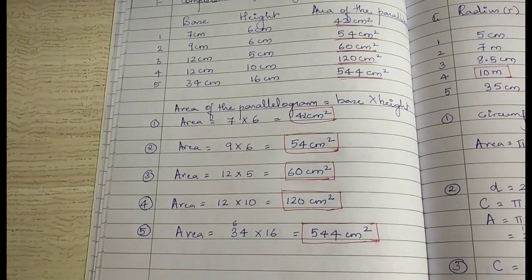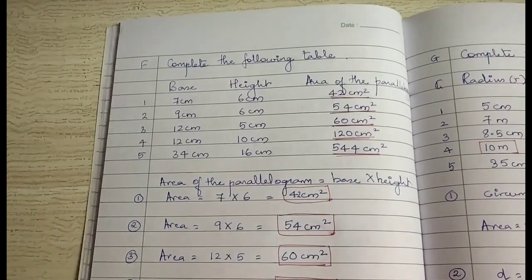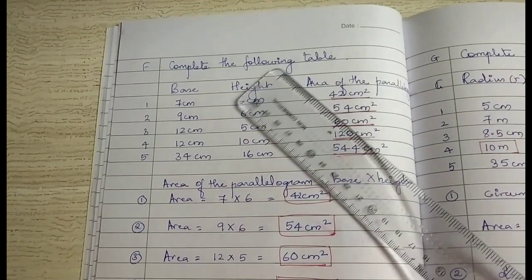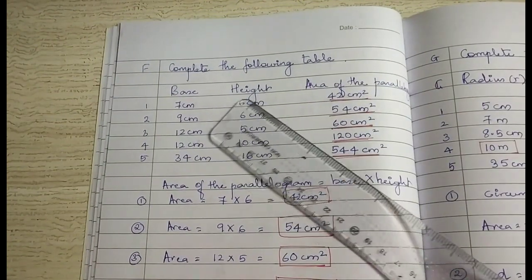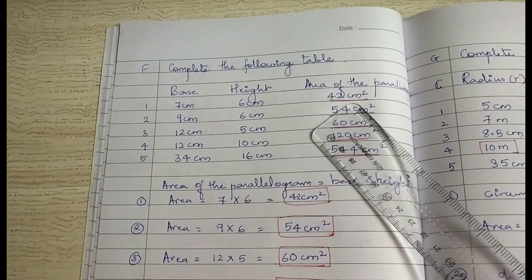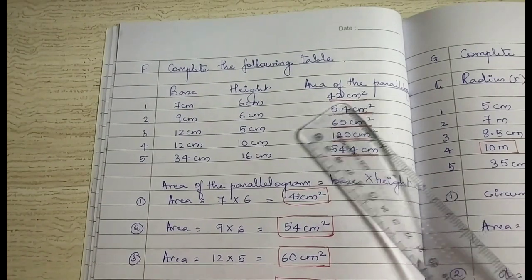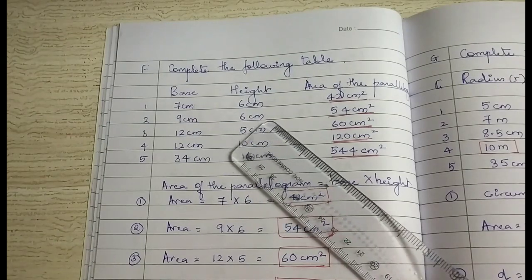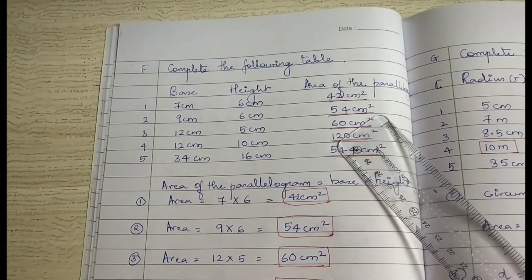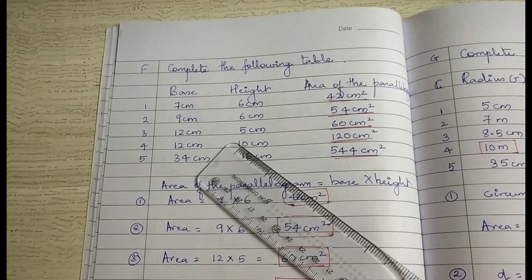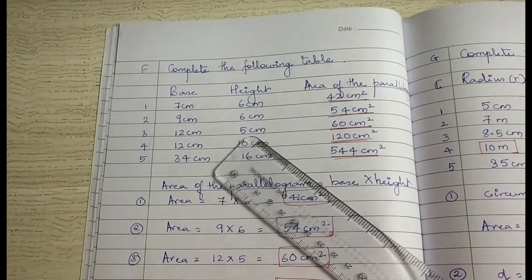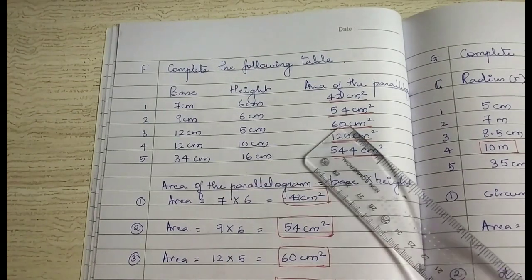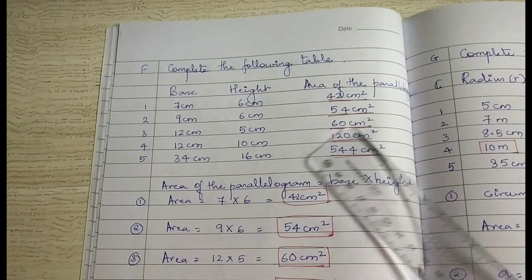You can have a look at the table which we have completed. Base 7 centimeters, height 6 centimeters, area is 42 centimeters square. Second one, 9 centimeters is a base, height is 6 centimeters, area is 54 centimeters square. Third, 12 centimeters is the base, 5 centimeters is the height, 60 centimeters square is the area.